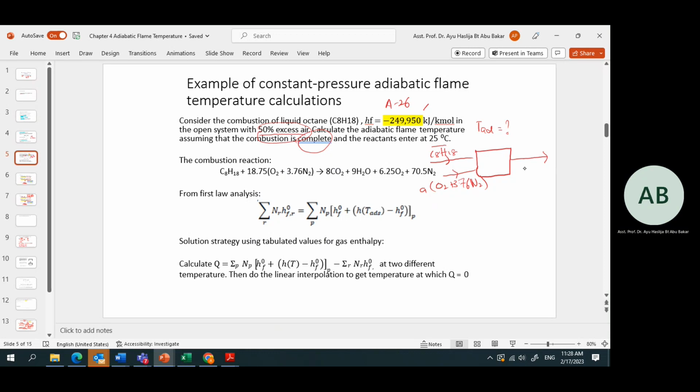CO2, H2O, O2, N2. This is excess air, so you will have O2 in your product. The reactant enters at 25 degrees C, so T inlet is 25 degrees C. It asks you to find T adiabatic, so T adiabatic is the outlet T. Adiabatic, so Q equals 0.